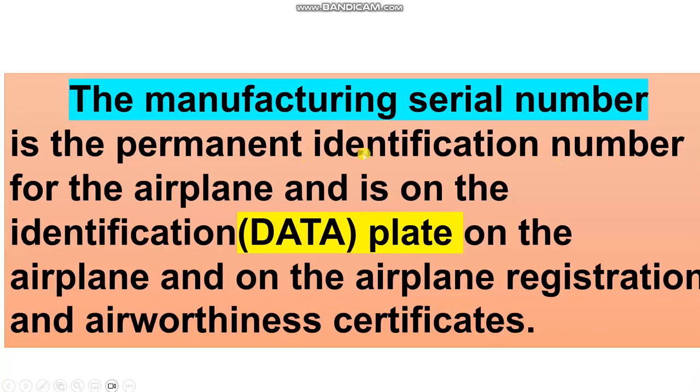It is a permanent identification number for the airplane and is on the identification data plate. Also, you will find it in the airworthiness certificate. Okay, this is the serial number.